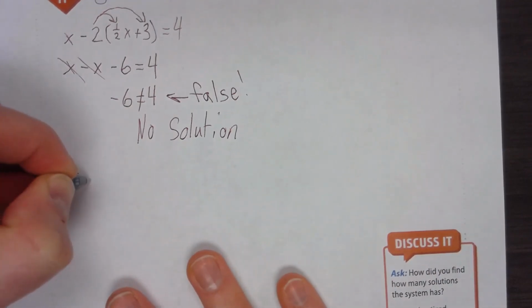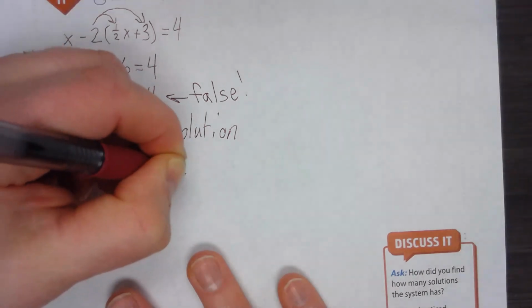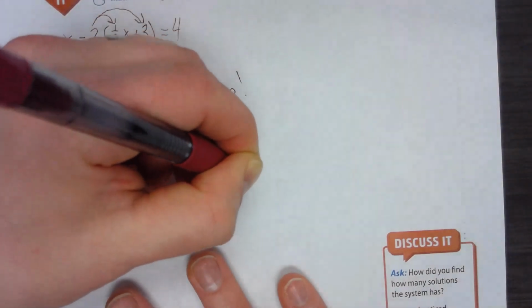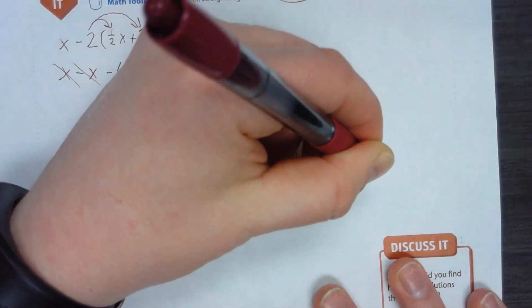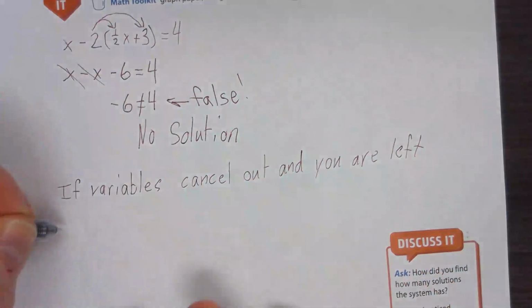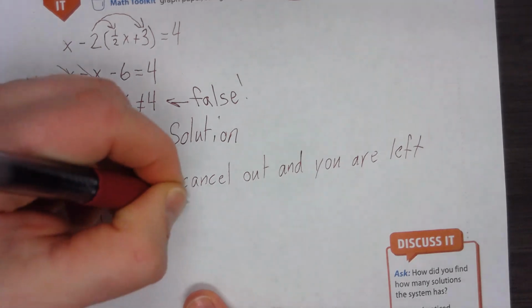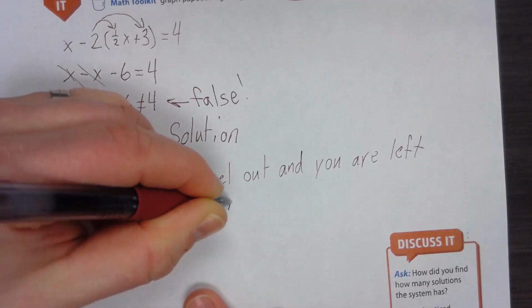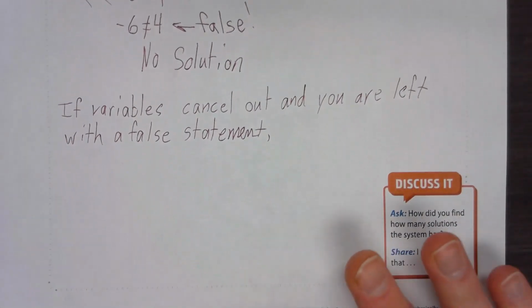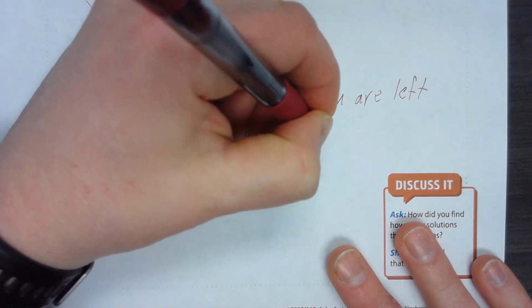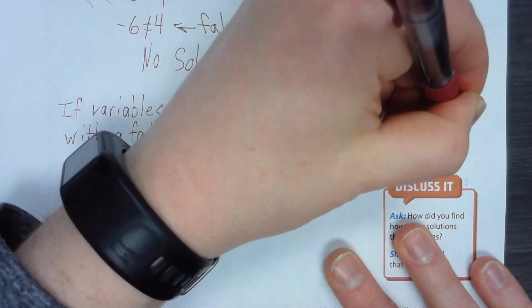If variables cancel out and you are left with a false statement, the system has no solution.